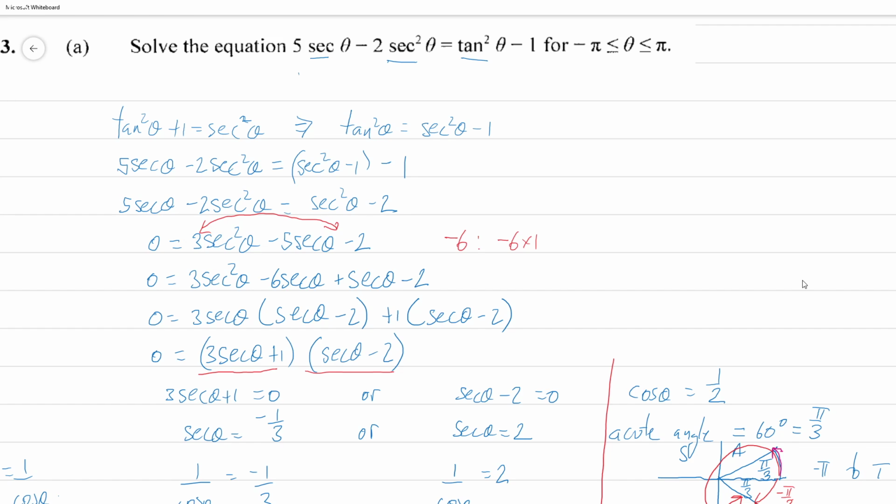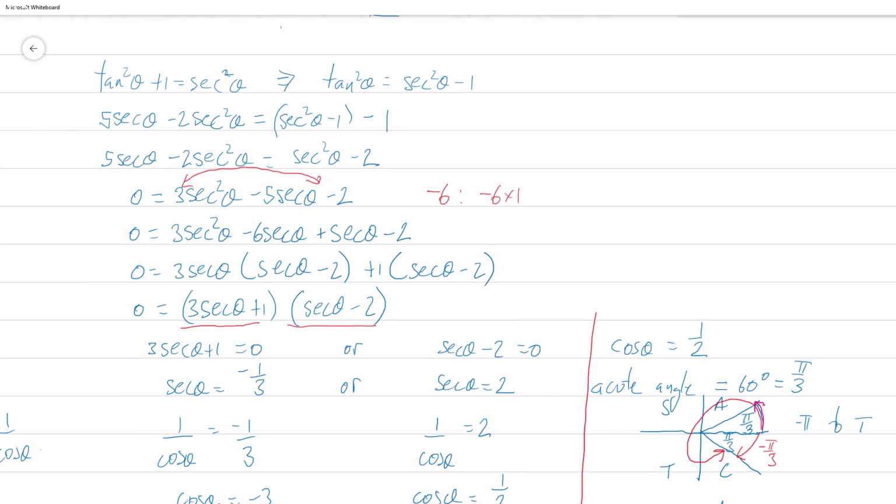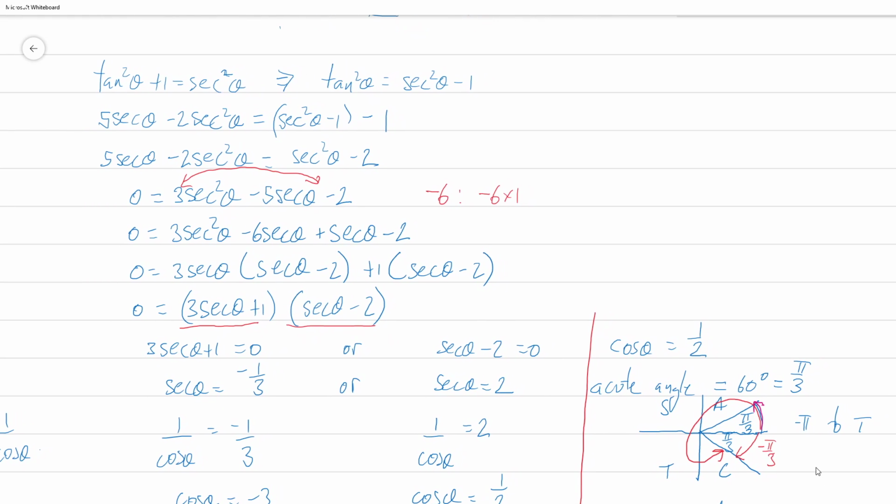All right, great. Part of the screen was cut out, so you were unable to see. Sorry about that. So I was saying that theta is between minus pi and pi. One of the answers, of course, would be pi on 3.